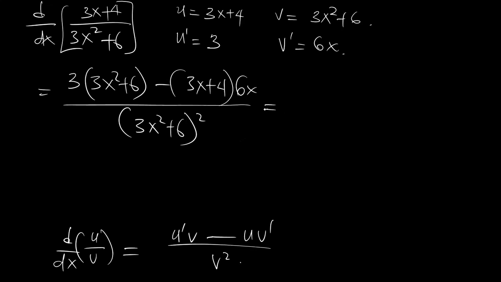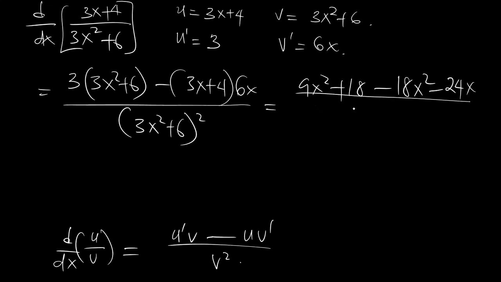So this will now be equal to, open this bracket, you have 9x squared plus 18 minus, you see, minus 6x times 3x will give you minus 18x squared. So minus 6x times plus 4 will give you minus 24x divided by 3x squared plus 6 all to the power 2.